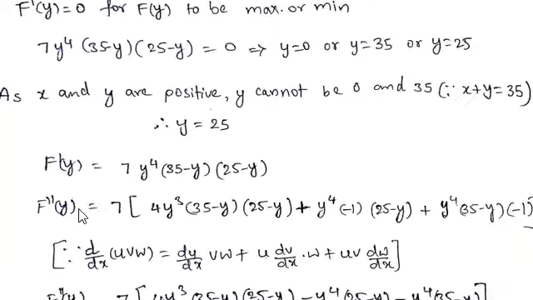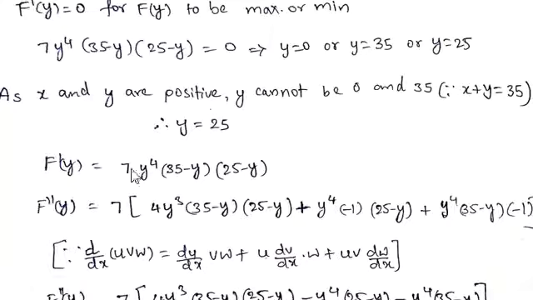So that is the second derivative, f double dash y. 7 is a constant, so we take it outside. This is in the form of u, v, w. We know differentiation of u v w is du by dx v w plus u dv by dx w plus u v dw by dx.